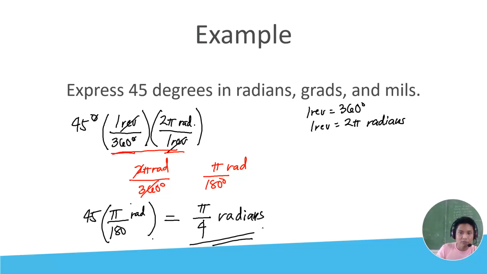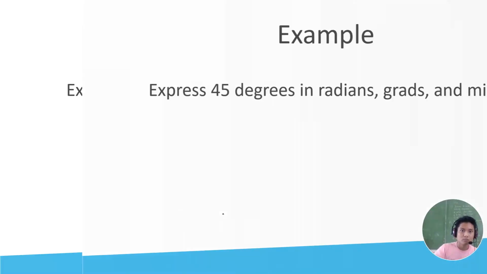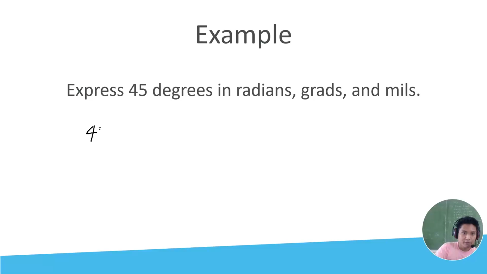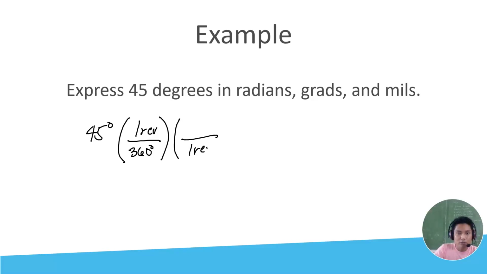How about when we convert 45 degrees into grads or gradients? So let's solve. For 45 degrees, just apply again the equivalent conversion factor for 360 degrees, 1 revolution, then for 1 revolution equivalent to 400 grads.